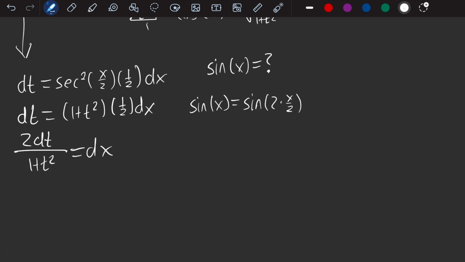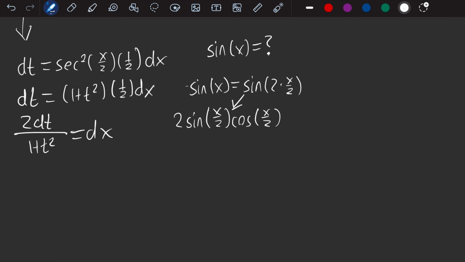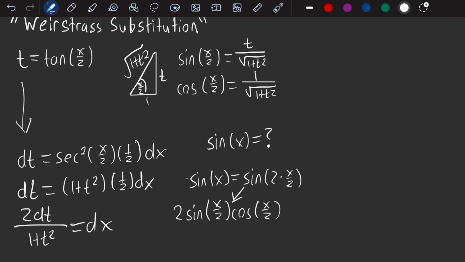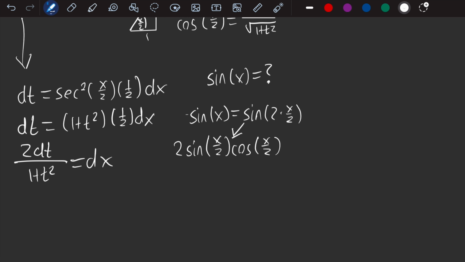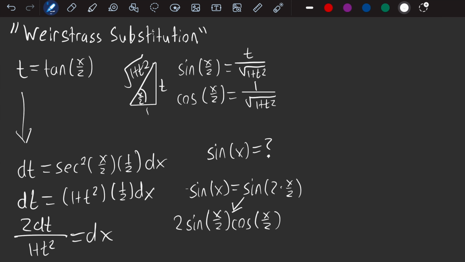We know that the double angle of sine is 2 sine cosine. Normally this would be x, but now we're making the angle our half angle x over 2, not x. So 2 sine x over 2 cosine x over 2. And so now we can solve for sine of x in terms of these rational functions.